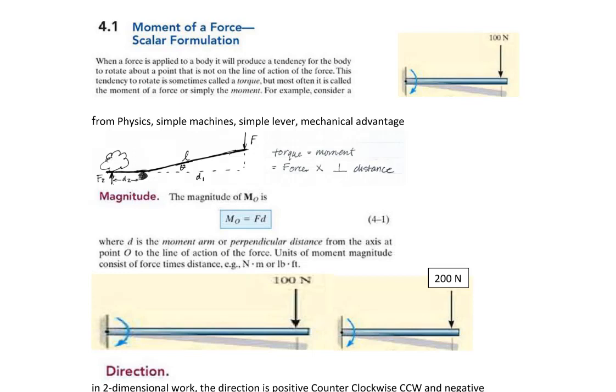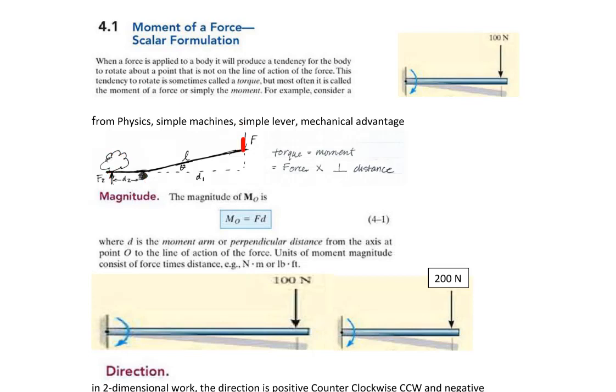You may remember from physics, we talked about simple machines, levers, and mechanical advantage. If you were trying to lift a rock with a bar, you might apply a force here, and with a fulcrum or point of rotation right there, the rock would have a moment about that point, which would be the weight times that distance.